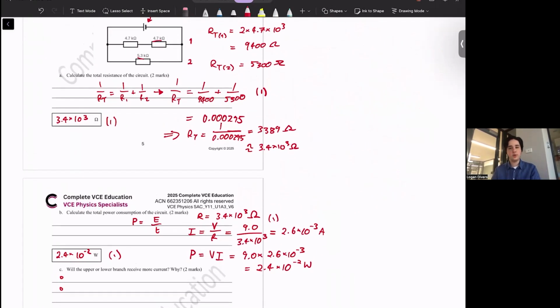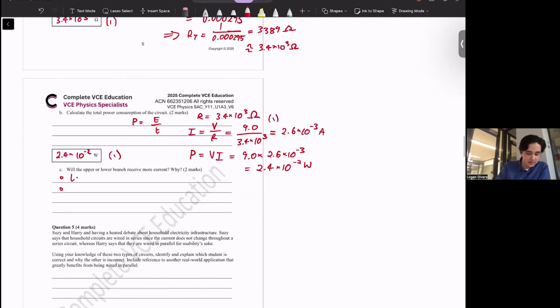Now, the number one rule when it comes to current is that current always follows the path of least resistance. Which path has the least resistance? Well, path 2, of course, has less total resistance. Path 1 had a resistance of 9,400 ohms, whereas the lower one only had 5,300 ohms.